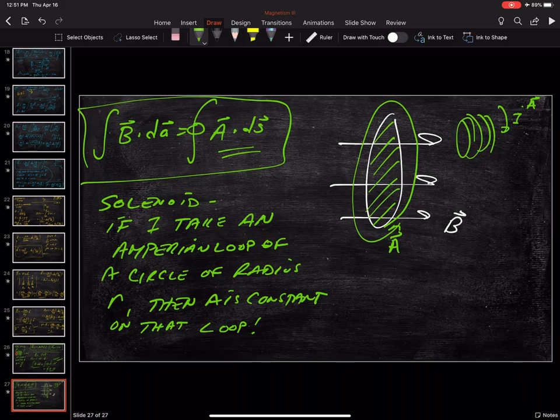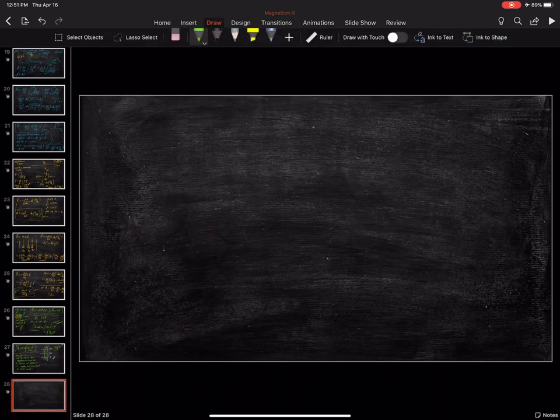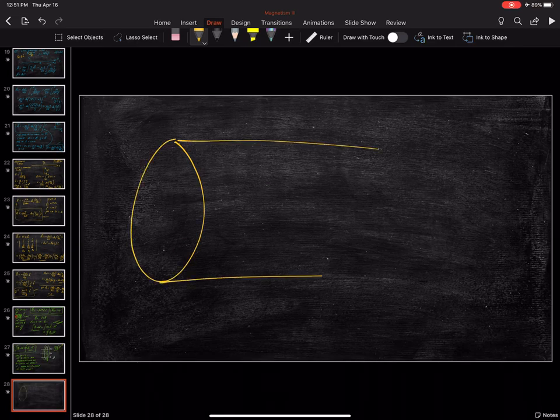So this tells you what kind of loop I should take. Okay? So here's the thing. Here's my solenoid, and this stretches down here. I want to figure out what's A inside and outside. Let me start off inside. So here's the idea.